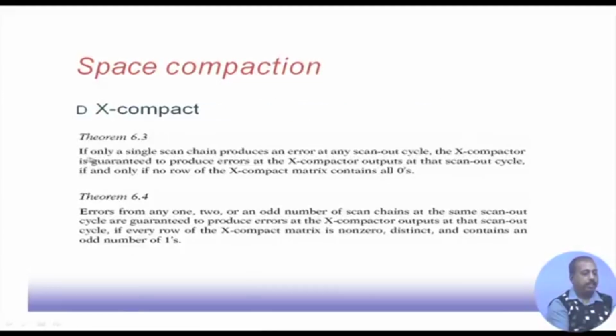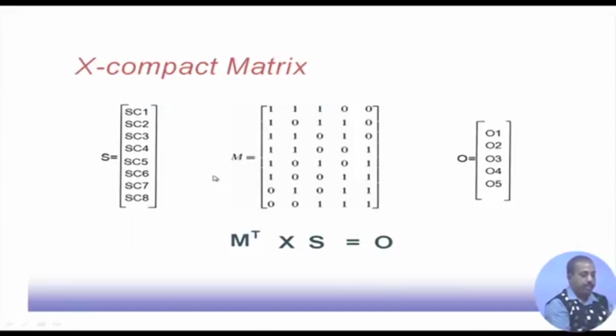So, it says that if only a single chain produces an error at any scan out cycle, the X compactor is guaranteed to produce errors at the X compactor outputs at that scan out cycle, if and only if no row of the X compact matrix contains all zeros. So, this is the X compact matrix that gives the connection that we have here.